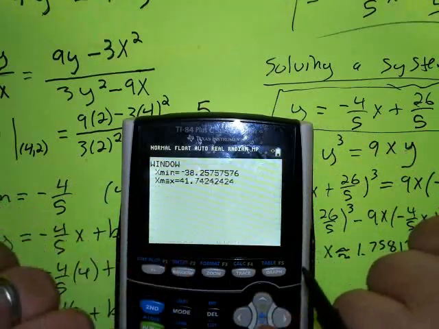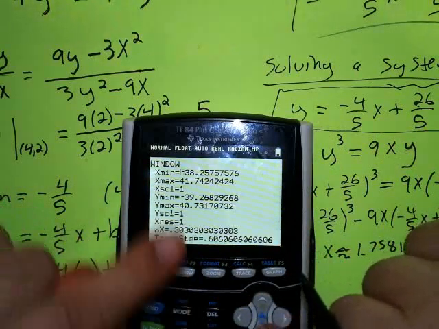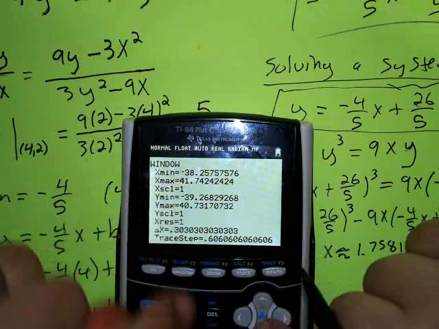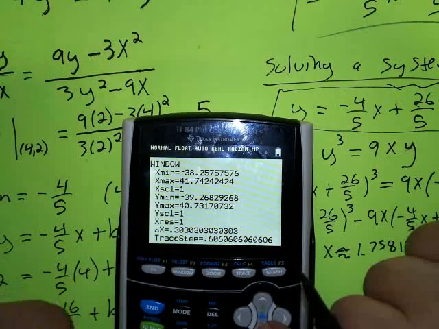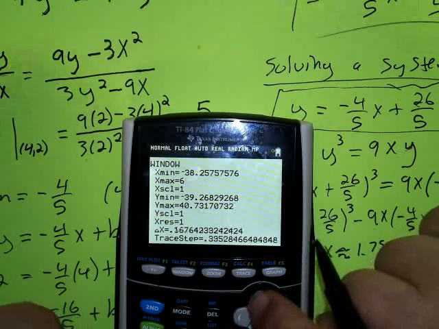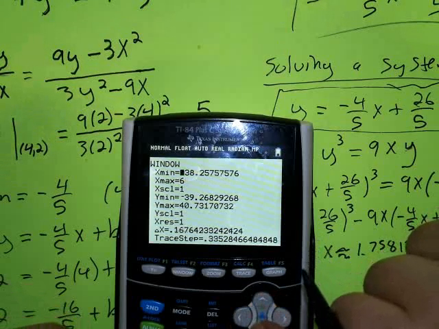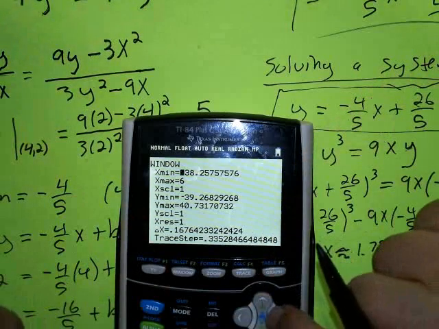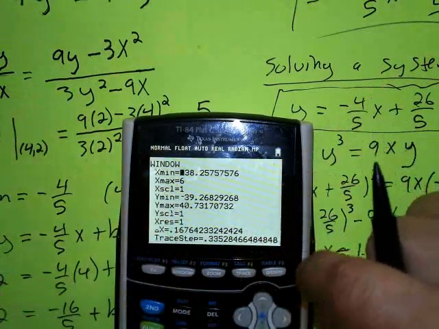What I'm going to do is select a window. My maximum, let me go to 5, or maybe a little more than that, 6 or something. And then the minimum, negative 38 isn't enough, right?